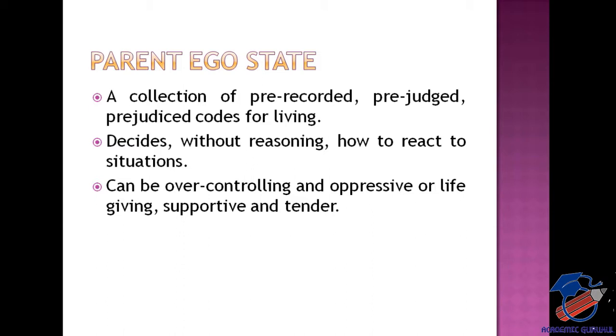Like parents are indispensable for all of us. In same way, the person who is having parent ego state consider that he or she is indispensable for the subordinates. These ego states treat others like children.